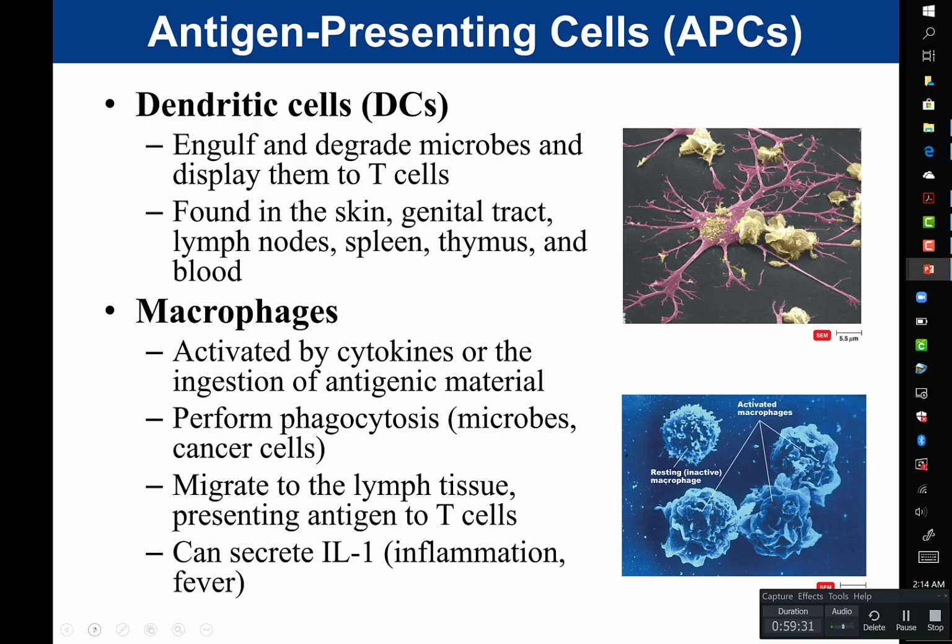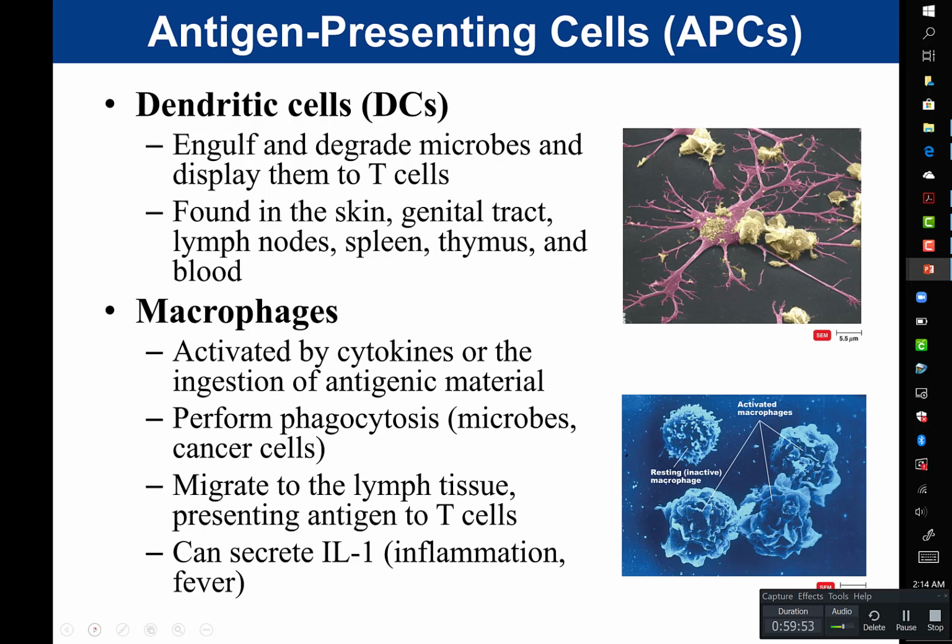Macrophages are going to be activated by cytokines or by the ingestion of antigenic material, meaning they do phagocytosis and they engulf that pathogen, and that stimulates them to become activated. So again, our macrophages perform phagocytosis.